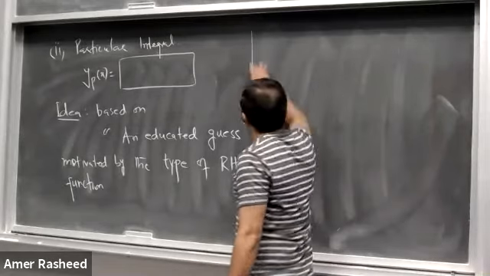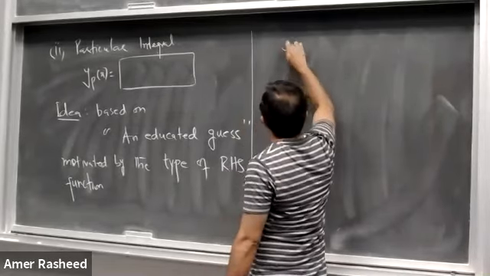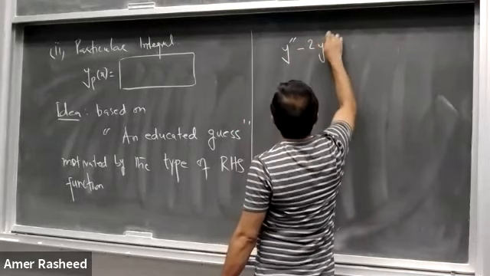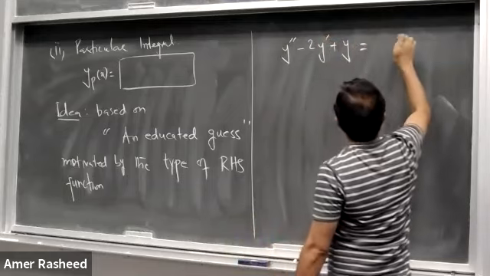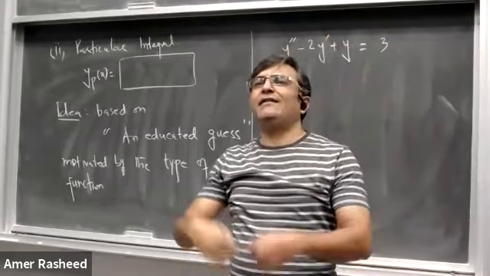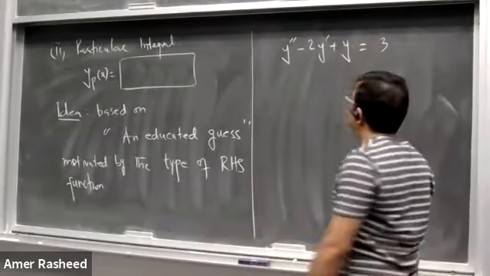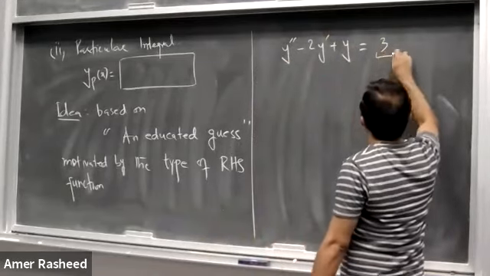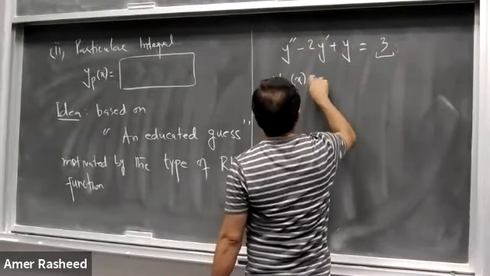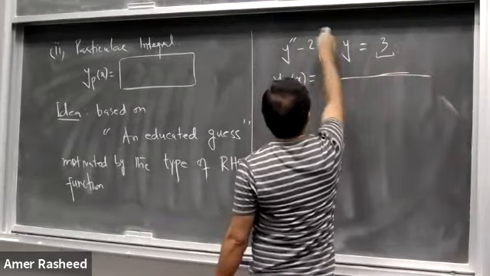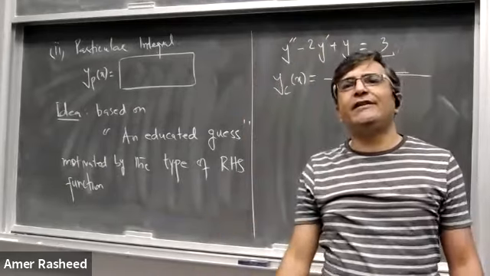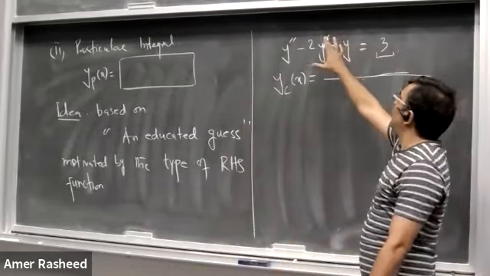For example, if we have a differential equation y double dash minus 2y dash plus y equal to 3. Now, what is the right-hand side function here? The right-hand side function is a constant 3. The complementary solution you can find yourself by writing the associated homogeneous differential equation.